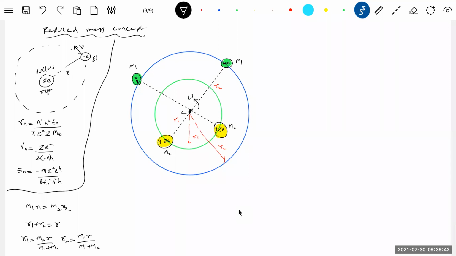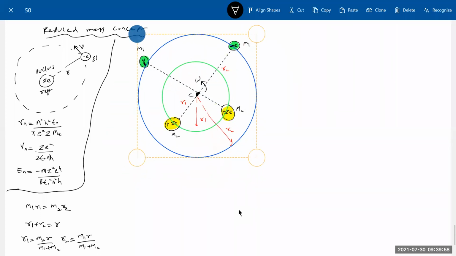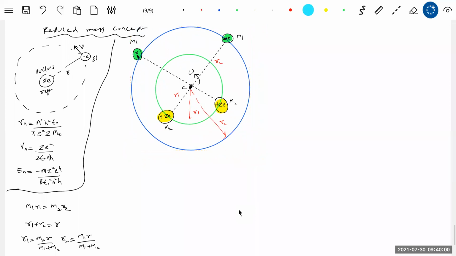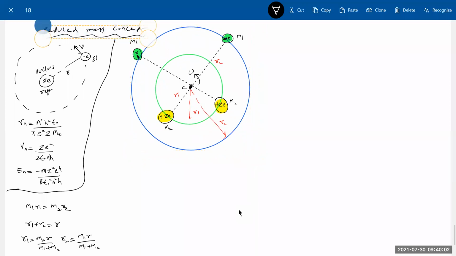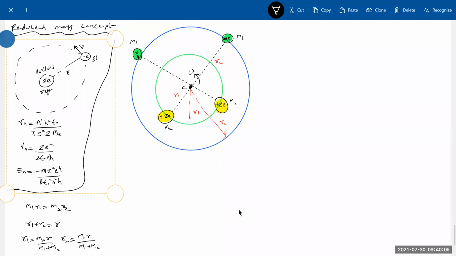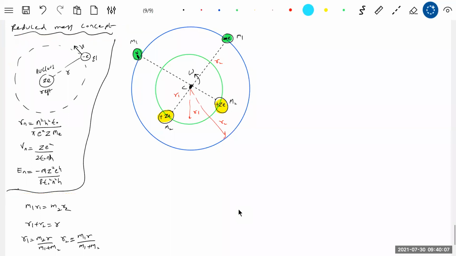Bohr did not know, and assumed the nucleus will be at rest, but later from experiments on the hydrogen spectrum they revealed that the nucleus is also revolving. So later they modified this atomic model. The same Bohr's postulate now: the angular momentum of the atomic system is constant.